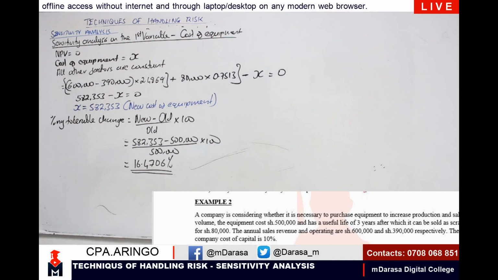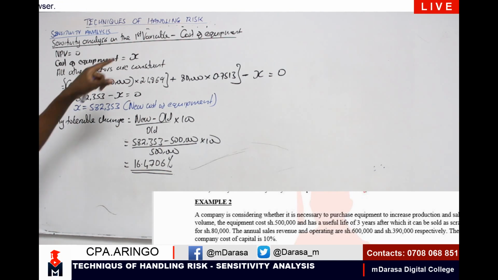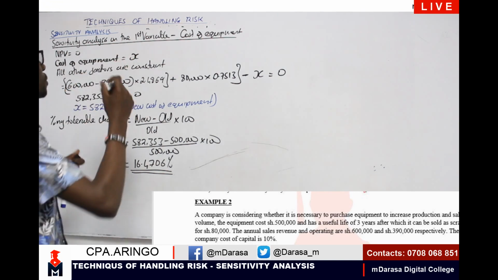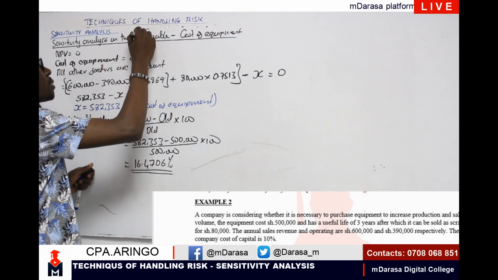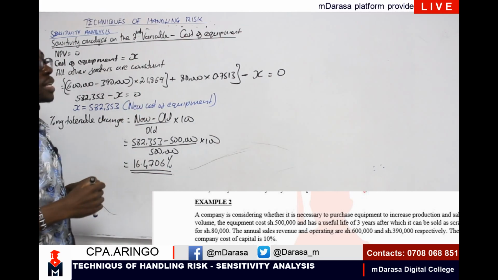Now, quickly, my good students, I want you to do this favor for Mwalimu. I want you to work out the other point, using the same concept, for our second variable.